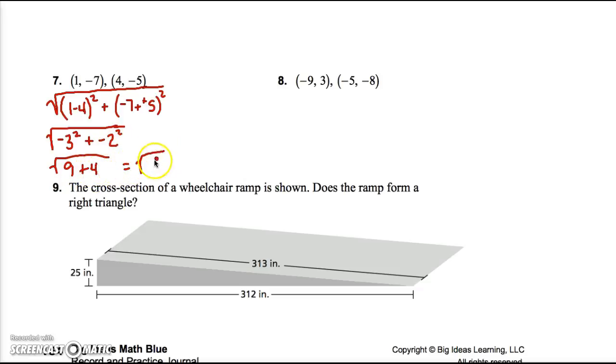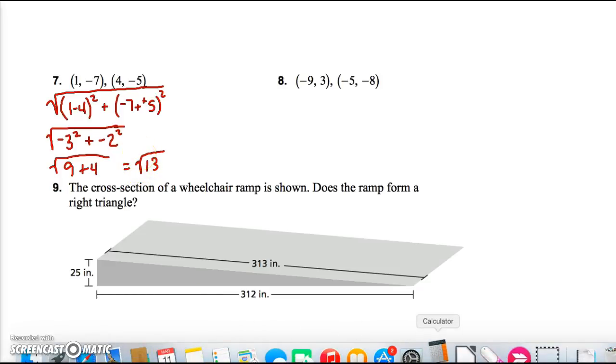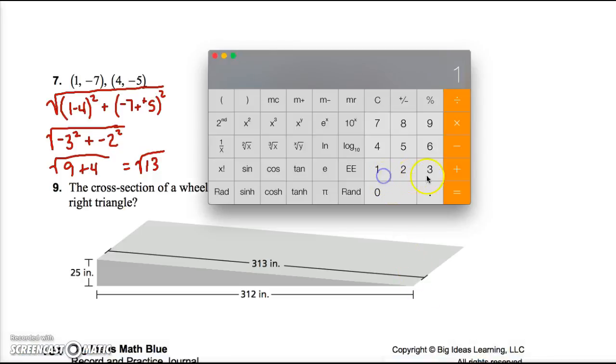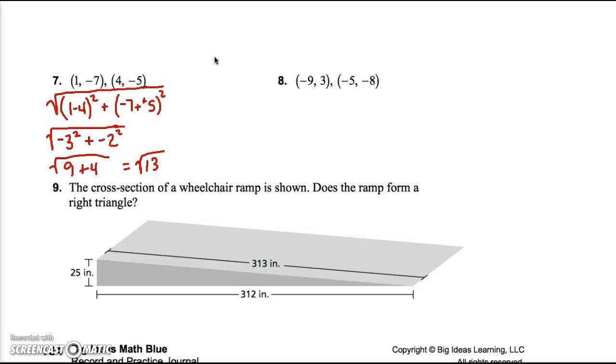Add those together and you get the square root of 13. And again, we could pull up our calculator, figure out what this would be as a decimal. 13 and then the square root of that, about 3.6. And there's our answer.